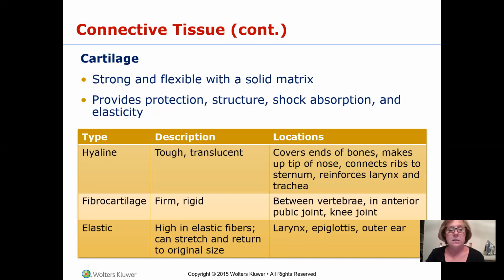The elastic is a type of cartilage. Some books will put the elastic here, sometimes they actually insert it under the type of dense connective tissue. And so the larynx, the epiglottis, and the outer ear, of course, that's elastic.